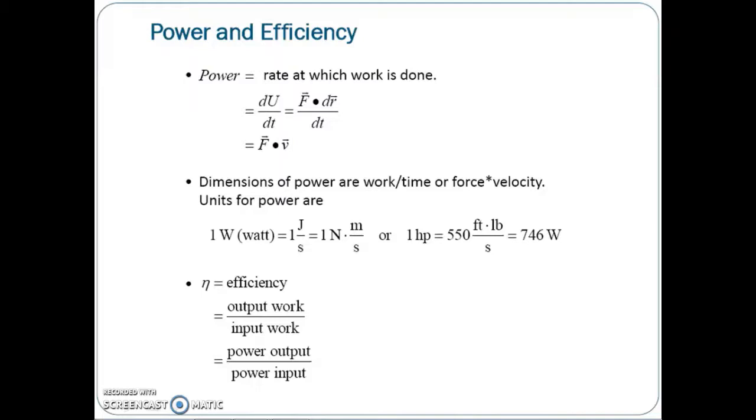This definition is based on the assumption that the work is done at a constant rate, so the ratio of the output to the input work is therefore equal to the ratio of the rates at which the output and input work are done. So we could also express the efficiency as the power output over power input.